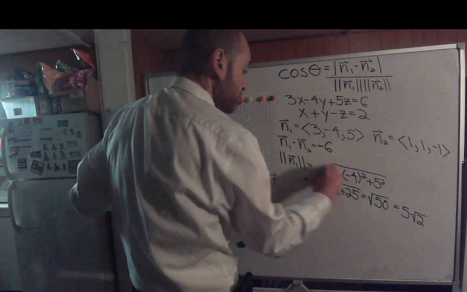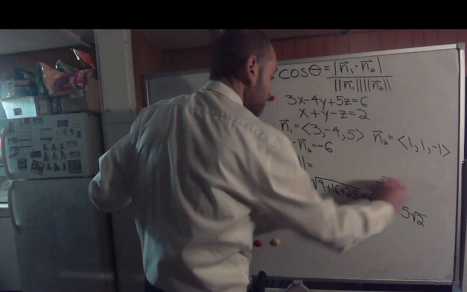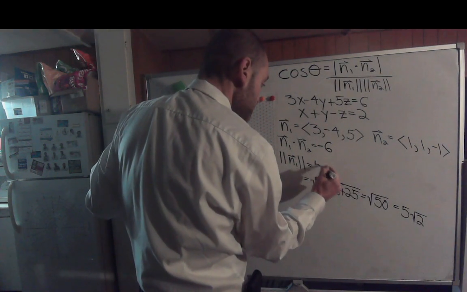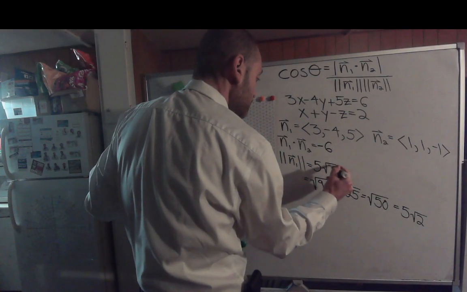So again, I'm going to erase some of this so I can save some room. So the magnitude of the first normal vector is 5 times the square root of 2.